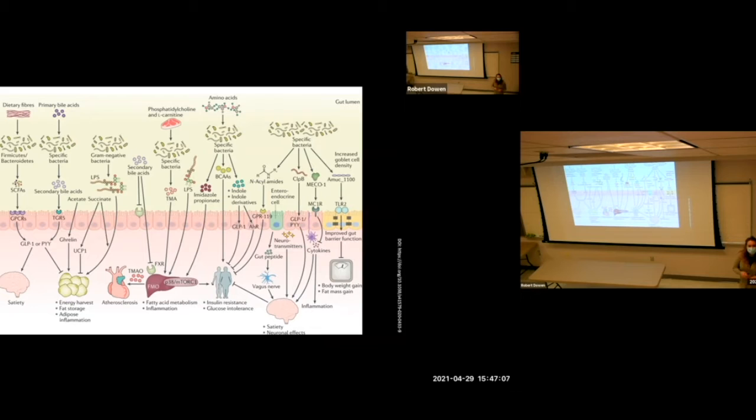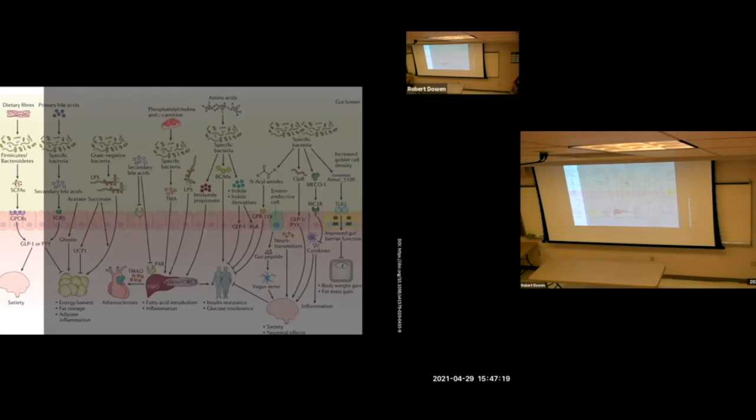I wanted to give you this slide to mull over on your own time and think about the complex relationship that we have with our microbes in our guts. Like I said, we're going to focus on the very far side, where these dietary fibers are being made into short chain fatty acids and how that's going to affect physiology.